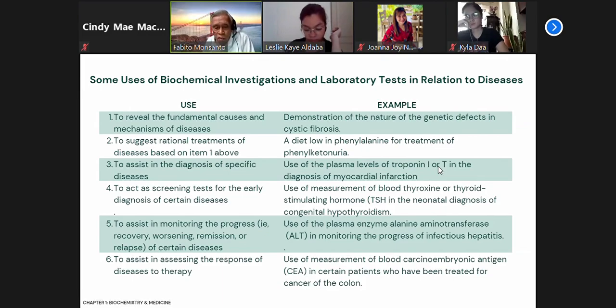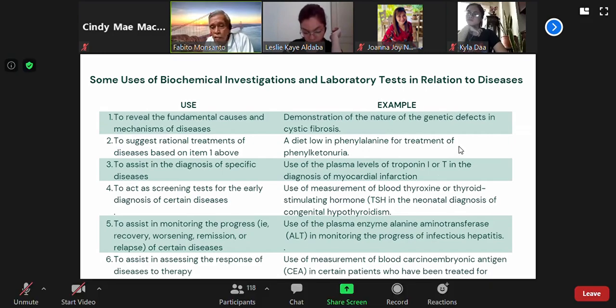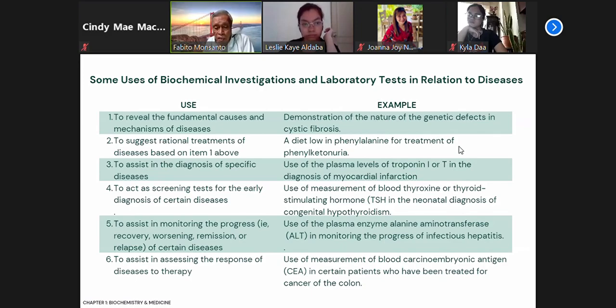So we have here the enzyme ALT or alanine transaminase, and monitoring the progress of infectious hepatitis.